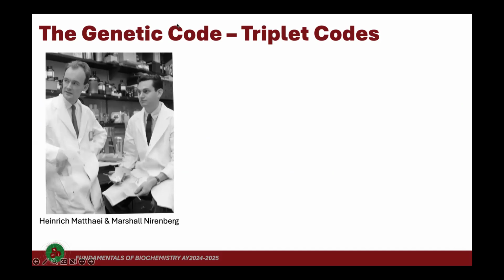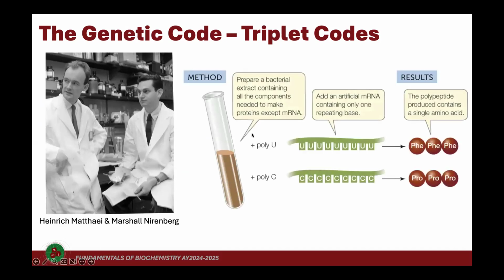Okay, so now let's go to the experiments that were performed that established the genetic code. The first experiments were performed by these two guys, and it is actually a very elegant design. So, what they did was they prepared synthetic mRNA molecules.